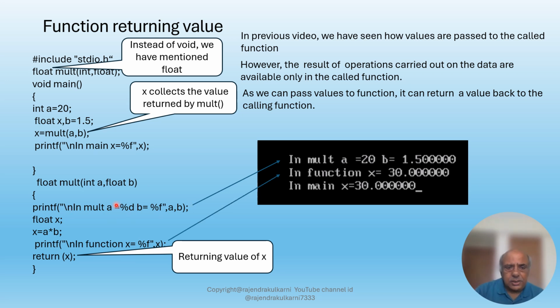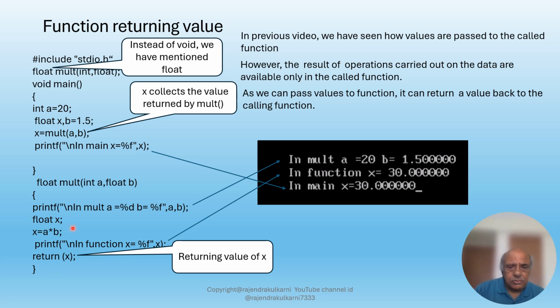Then in function, x is equal to 30 is the result of this printf statement, which is within the function. And in main, this printf statement gives the value of x belonging to main, which is equal to 30. So what actually has happened?